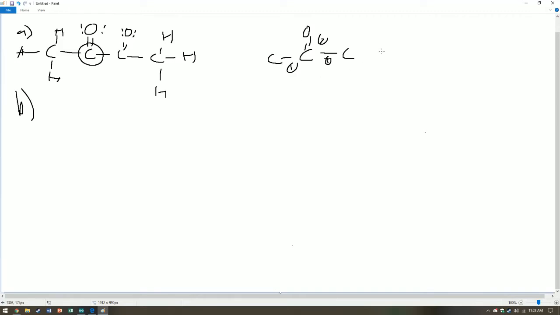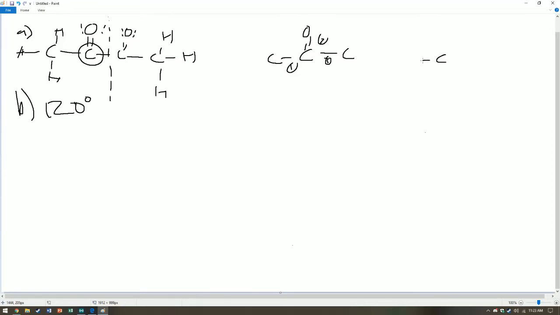Again, you just have to memorize that 3 domains corresponds to trigonal planar, and trigonal planar corresponds to bond angles of 120 degrees. So it's 120 degrees between this C double O. Since this is a mirror image, you could split the molecule up here and do the similar thing.